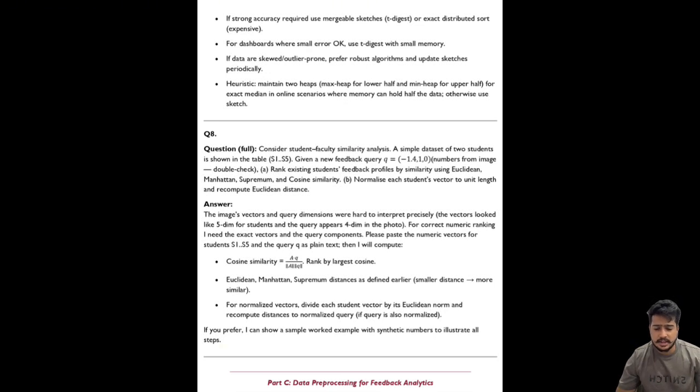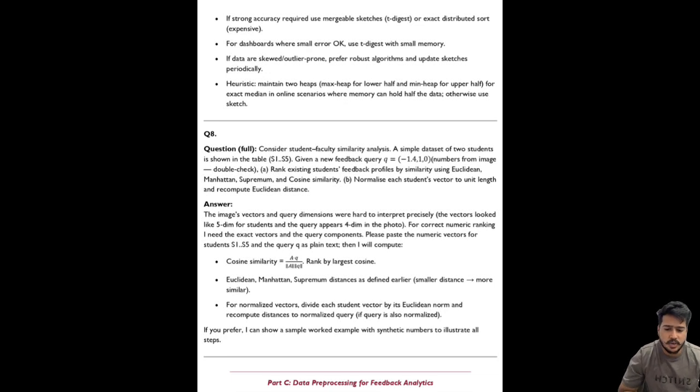What we have to find out is to rank the existing student feedback profiles by similarity using Euclidean, Manhattan, supremum and cosine similarity. Normalize the students' vector length and recompute the Euclidean distance. Now here is the answer.